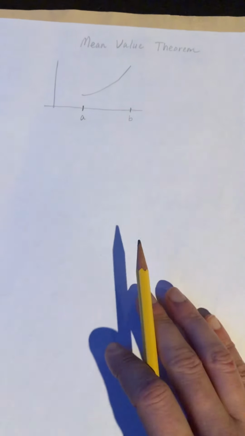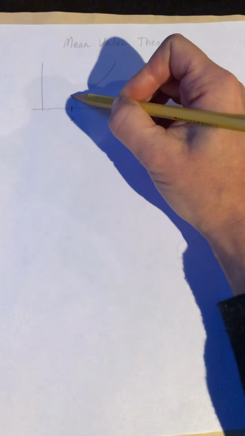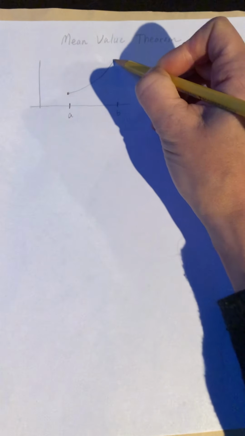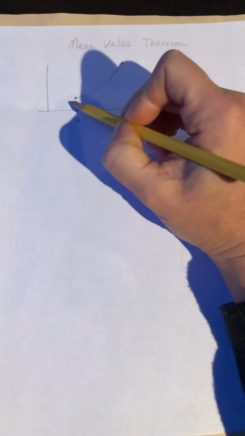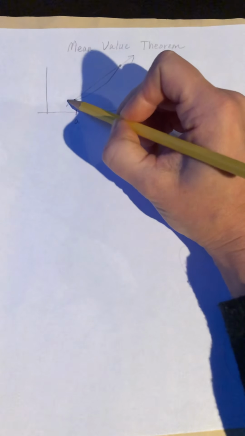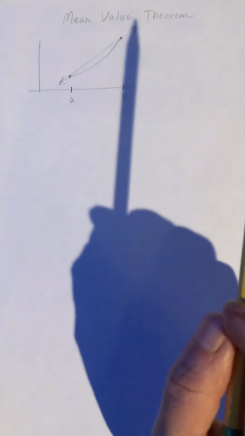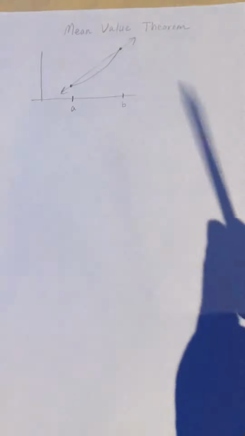So getting to what the theorem is really about, after talking about those prerequisites that we just did, it essentially says this, that if you were to draw a secant line connecting your domain endpoints A and B, that there exists at least one location in between A and B for which you could draw a tangent line that would appear to be parallel.